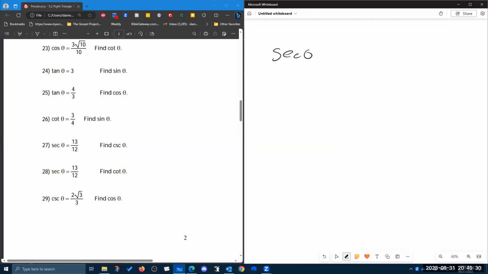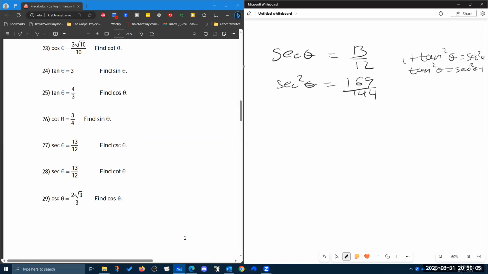If secant theta is 13 over 12, and we want to find cotangent theta, well, I just did that a minute ago, but let's do it again. That secant squared theta is 169 over 144, and if I say 1 plus tangent squared is equal to secant squared, then tangent squared is secant squared minus 1.